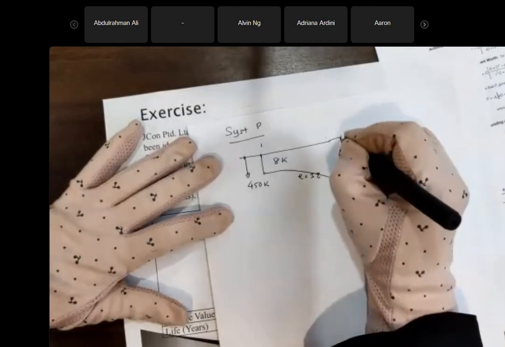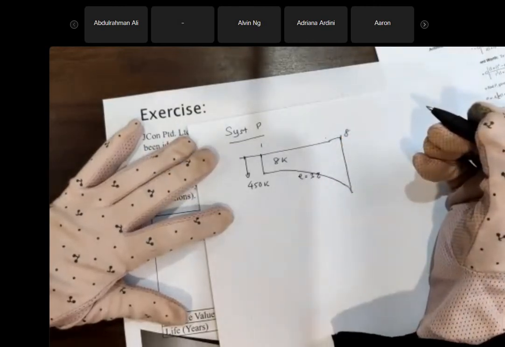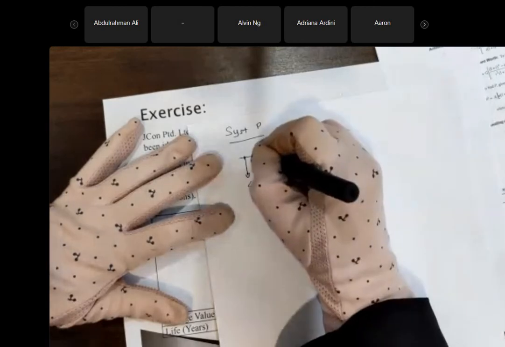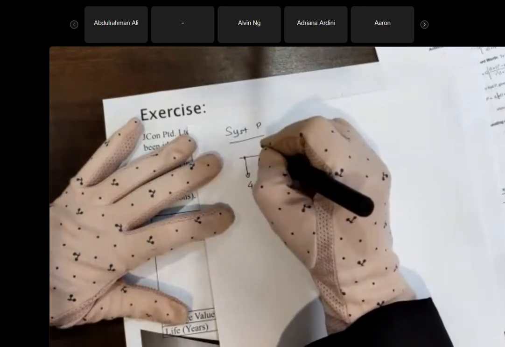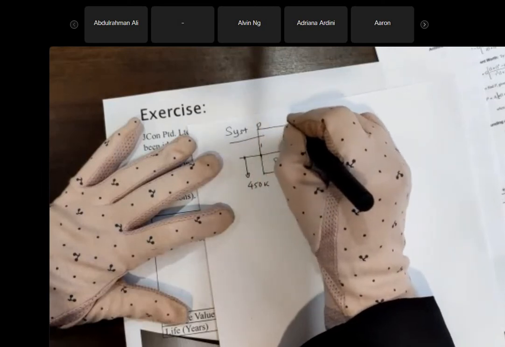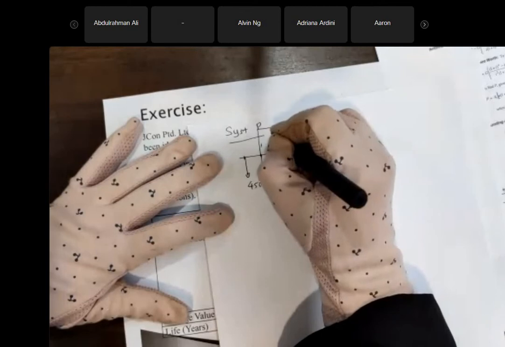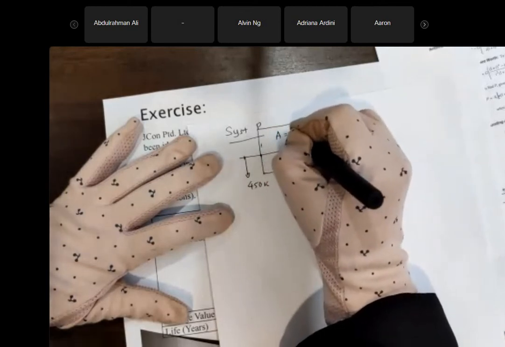Its life is 8 years. And then 170,000 per year until the end of it. Okay, this is revenue. Start from year 1 until the end of it, same 8 years. So this one is A, 170.